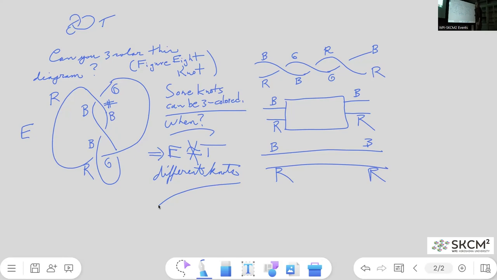All right, now I want to show you one more thing I can do with the three coloring. Let's look at the Whitehead link.